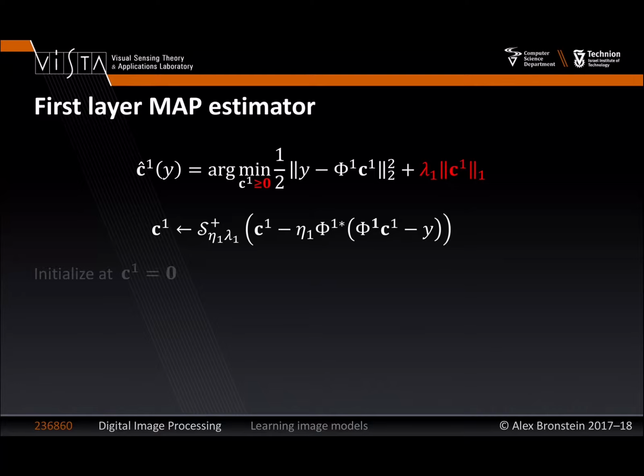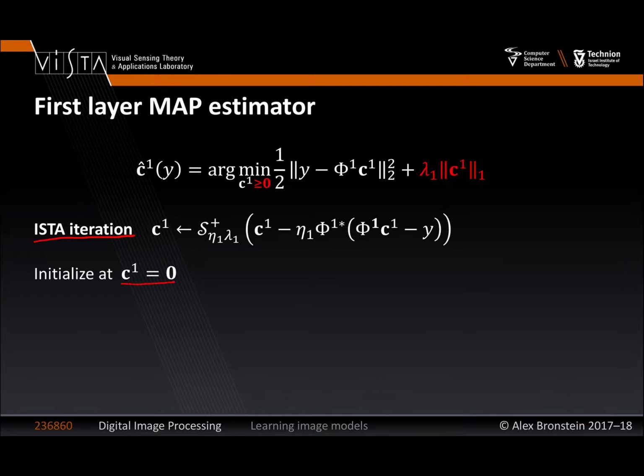Well, remember, we did ISTA, right? It was a particular case of proximal gradient. This is my ISTA iteration with the specific dictionary substituted into it, right? And let's initialize the first iterate. So this is how the iterate updates C. Let's start with C1 equals 0.